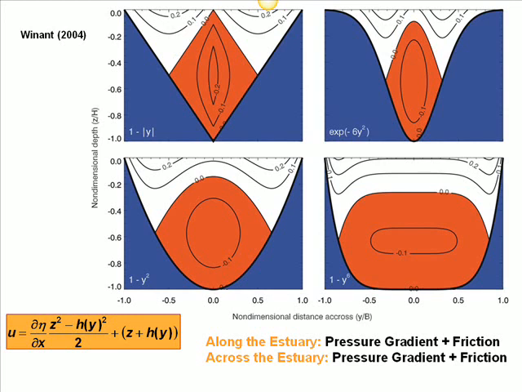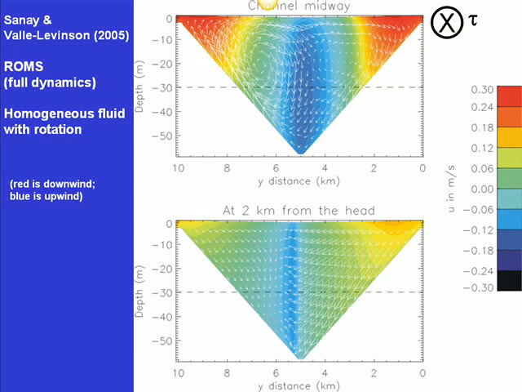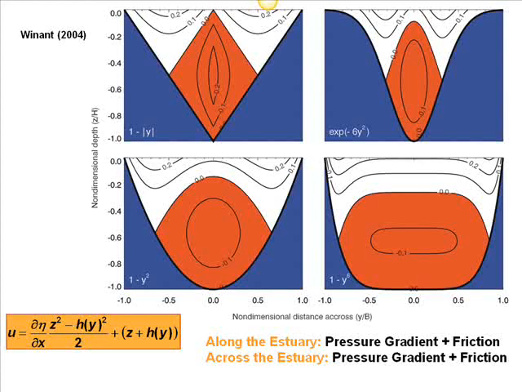Okay, any questions about here? Remember, we're talking about homogeneous water here. So this is only the wind-driven part of the flow. Now, what kind of dynamics are we missing here from this momentum balance? What terms are we neglecting?